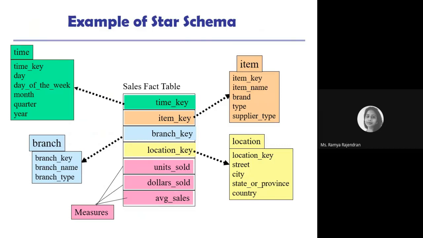Branch will have branch key, branch name, and branch type. Item key will have the item number, item name, brand type, and supplier type. Location key will have information about the street, city, state or province, and country. Okay, this is an example of a star schema.